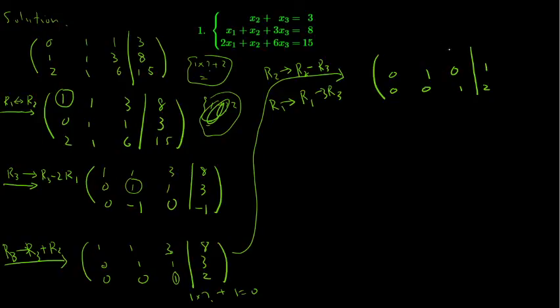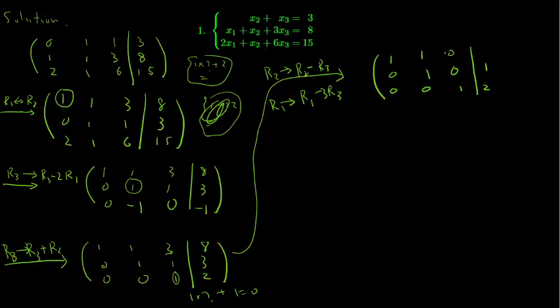We're going to get the new row 1. This number has to be 0. You have to get all other numbers correspondingly. Actually, these two numbers are not changed.